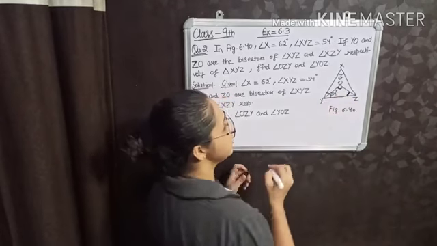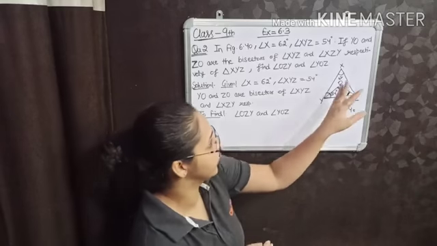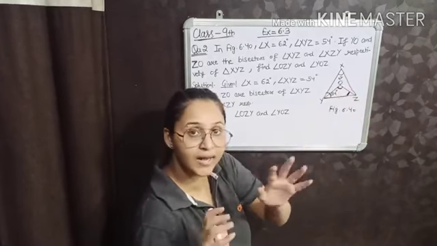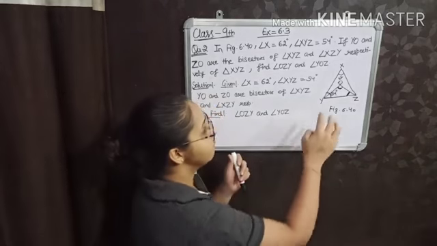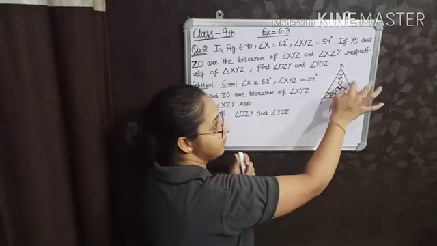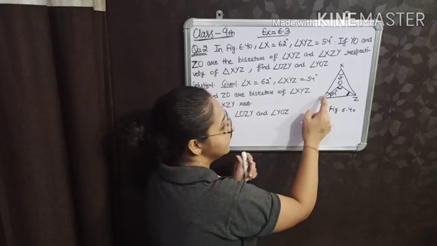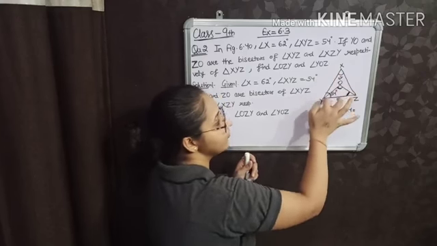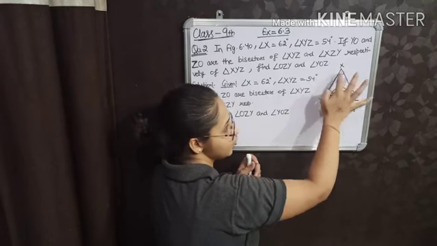Okay. Now see, first of all, there are two triangles, XYZ and OYZ. One angle is given of this bigger triangle, and this angle 54 degrees is the second angle of this bigger triangle XYZ.